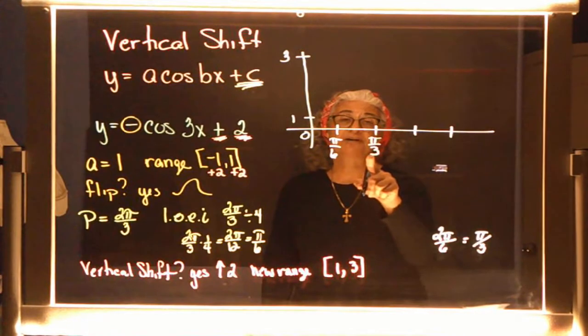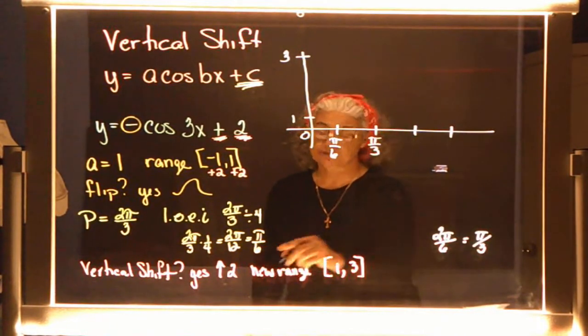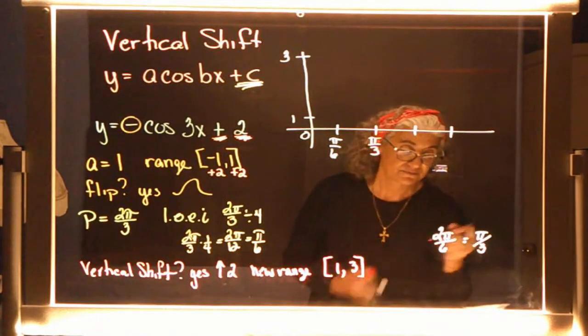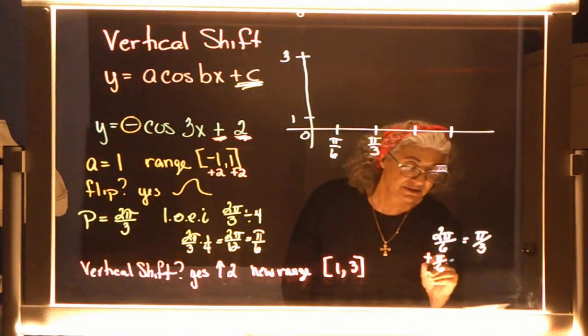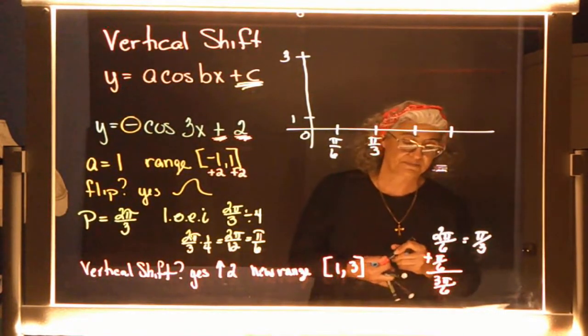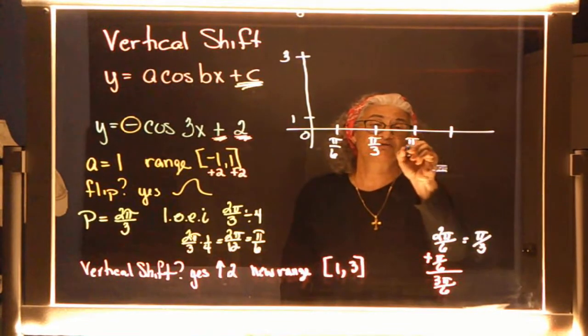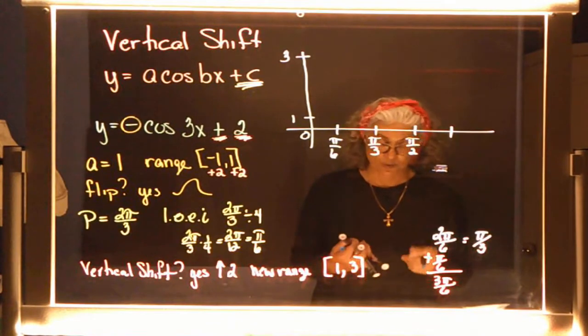And then to get from pi/3 to the next one, you still have to add pi/6, don't you? So, what's 2 pi/6 plus 1 pi/6? Good, 3 pi/6, which gives you, yep, pi/2, doesn't it? And last but not least, you've got one more.